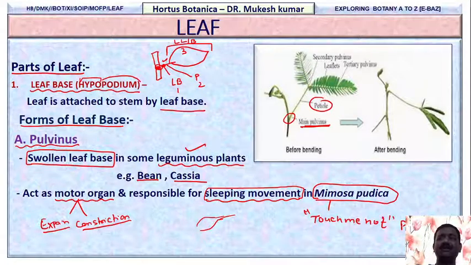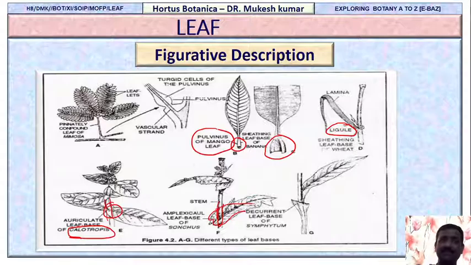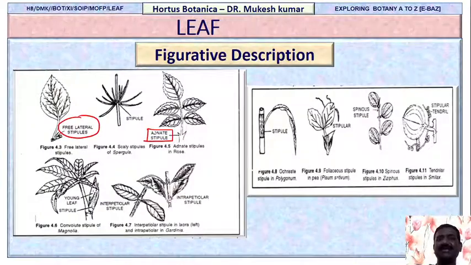The leaf base has a swollen structure called pulvinus. Then we found that the leaf base covers the stem either partially or completely. Then ligule, stipule, types of stipule, and duration of stipule we studied.